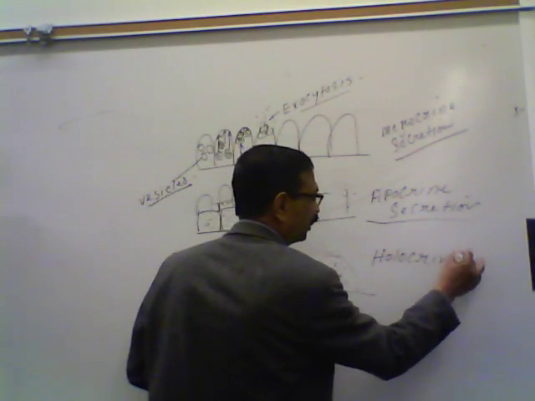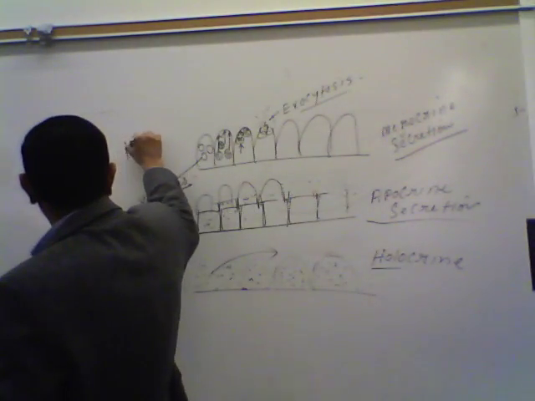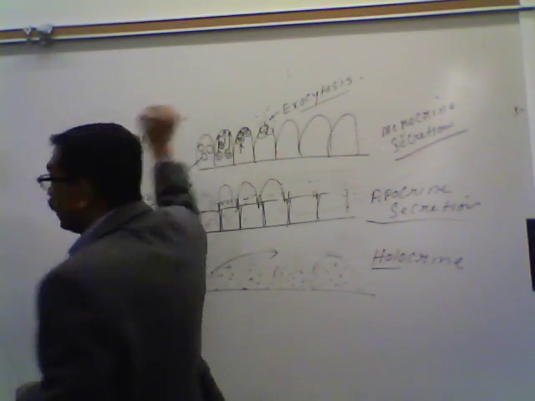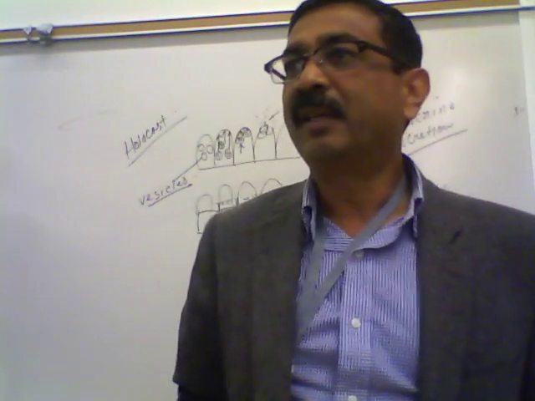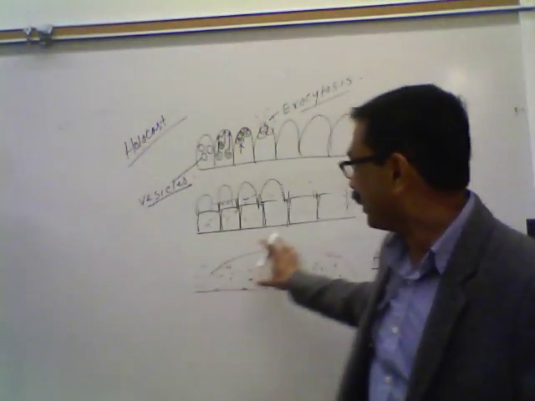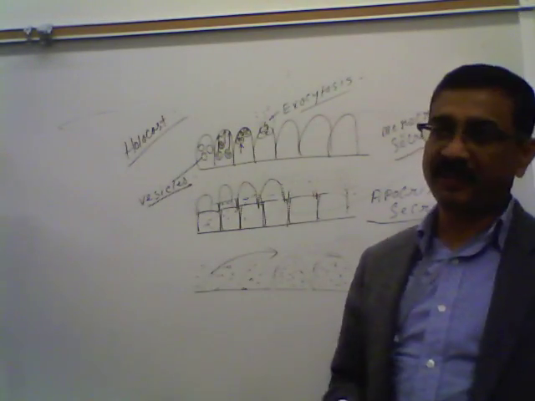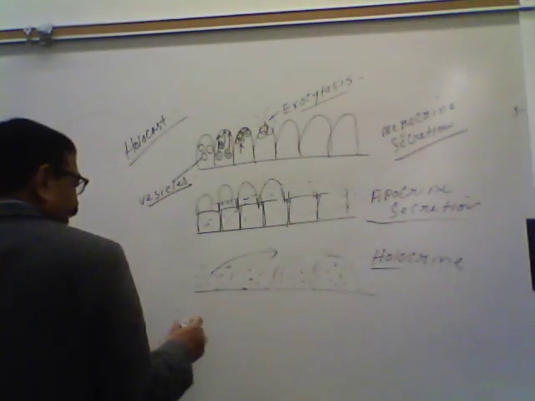Probably you have heard the term holocaust. Very often we hear killing, right? Killing. Holocaust. Have you heard this word? Killing. So the secretion occurs by the complete death of the cells, killing of the cells. So what should happen then?